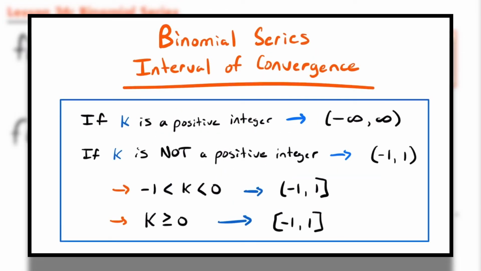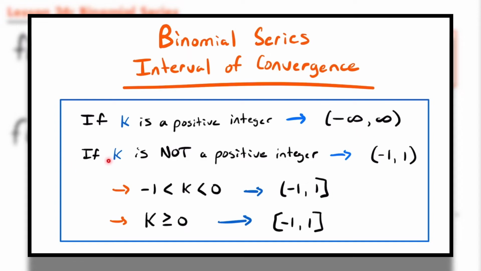All right, and so here's what you need to know about determining the interval of convergence for a binomial series. If that value of k is a positive integer, meaning values like 1, 2, 3, 4, 5, and so on, right, the whole numbers greater than 0, then the binomial series will be convergent for all values of x, from negative infinity to infinity.